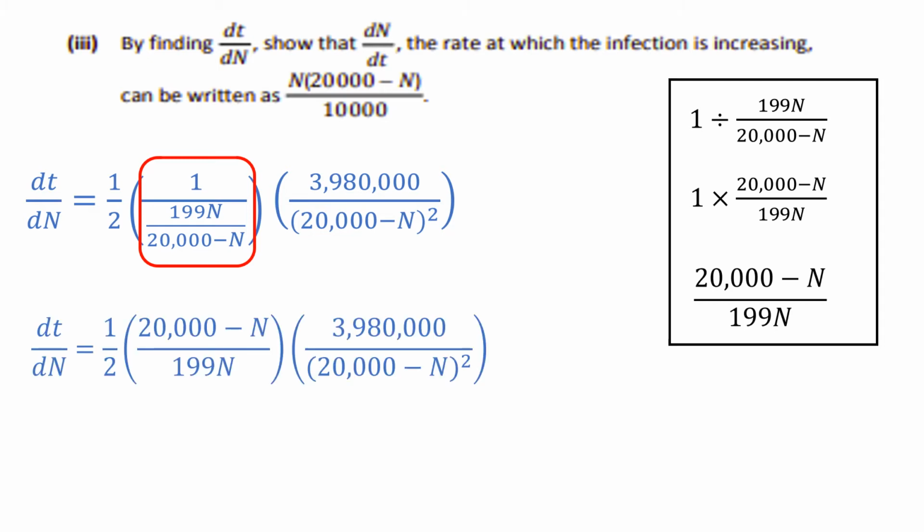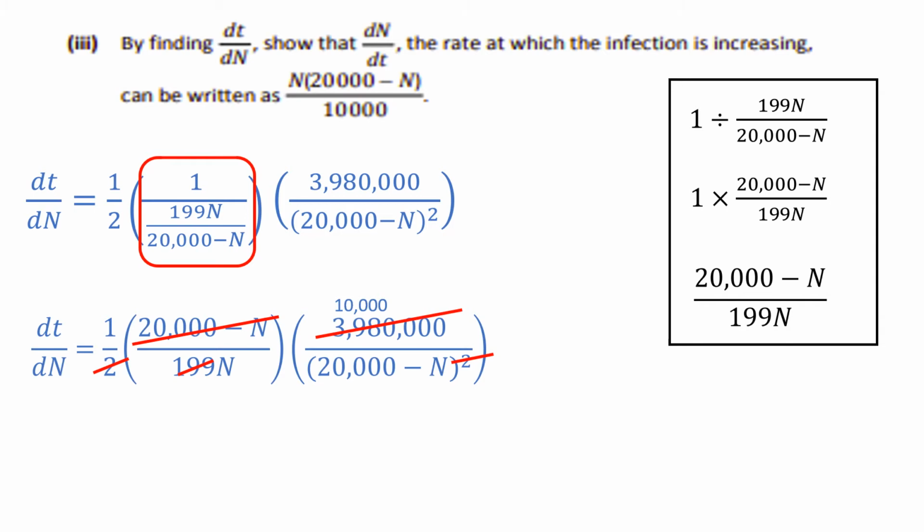Now we can start simplifying this fraction with common factors above and below. So we have 2 and 199. When we multiply those together, we get 398. Then we can divide that into the top line, leaving us with 10,000. The bottom of the second fraction is a bracket squared.